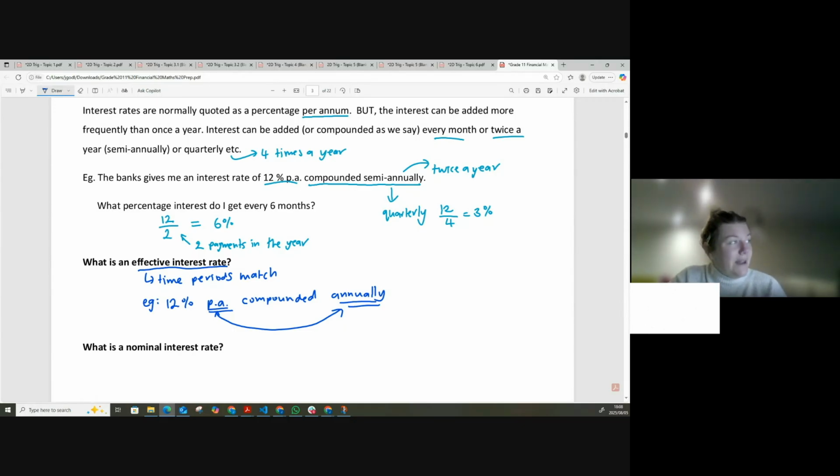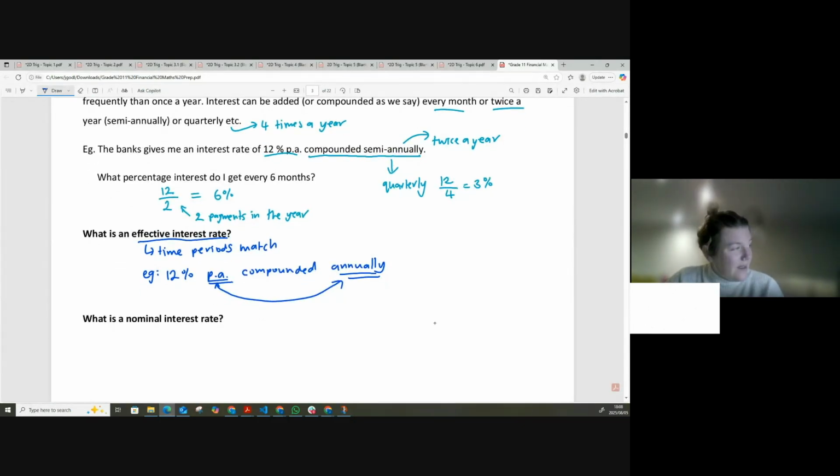But if I'm talking about a nominal interest rate, then my time periods don't match. And I know it seems like I'm just giving you definitions, but in grade 11, there are questions where you have to convert from nominal interest to effective interest. And so you have to know what the words mean because they'll be in some questions. So as an example here, if I had 12% per annum compounded monthly.